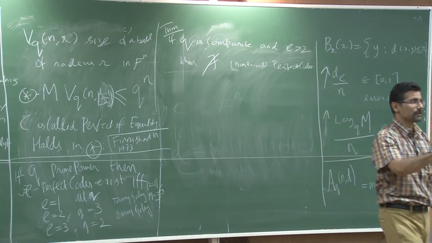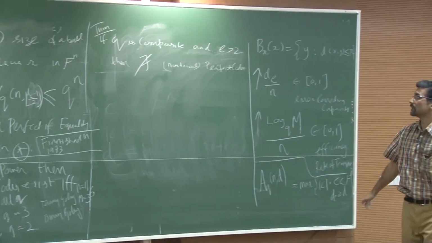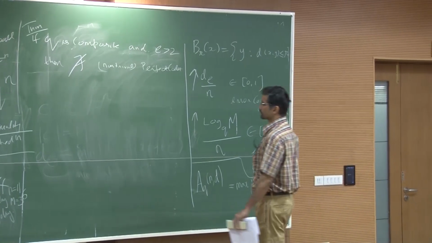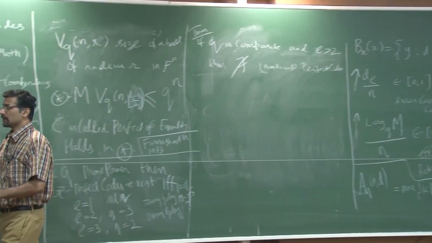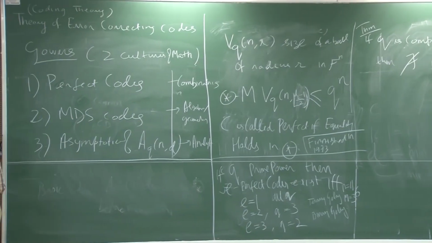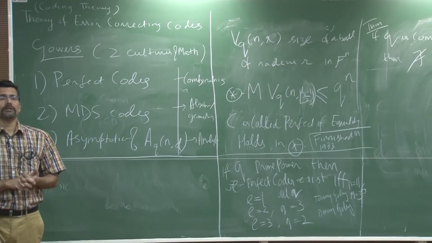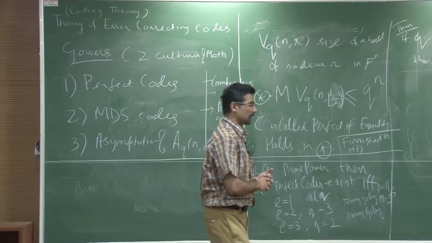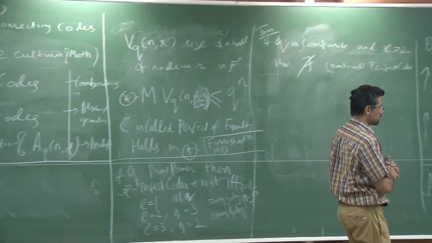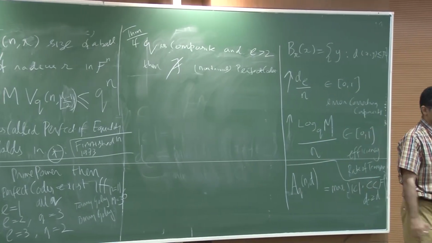Here e is the radius of these balls into which you are partitioning your space, for any n, if the alphabet size is composite. This theorem is not due to one person. It's the culmination of maybe 5 or 6 PhD theses.